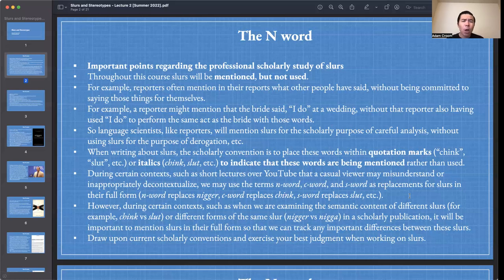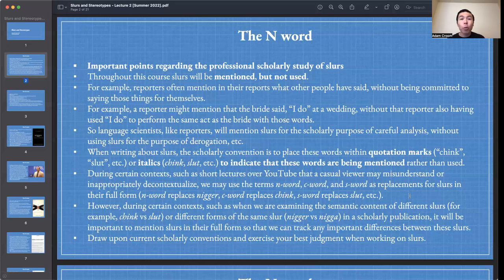So for that reason, when we're writing scholarly articles, especially if it's concerning semantics, like what do these words mean, right? Then we want to be very careful and include the full slur, okay, in order to track any important distinctions in the usage.